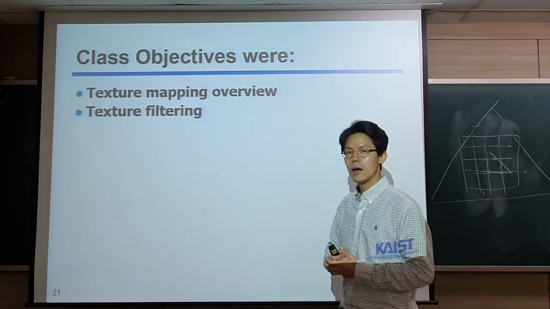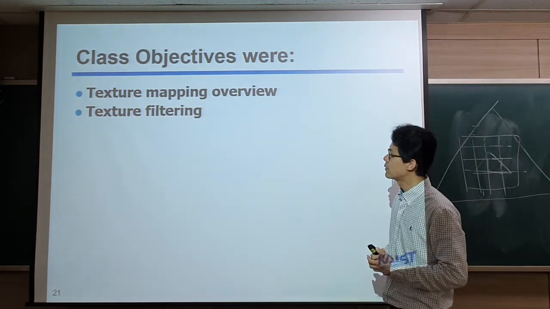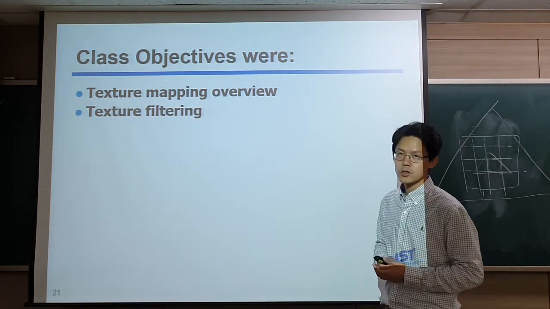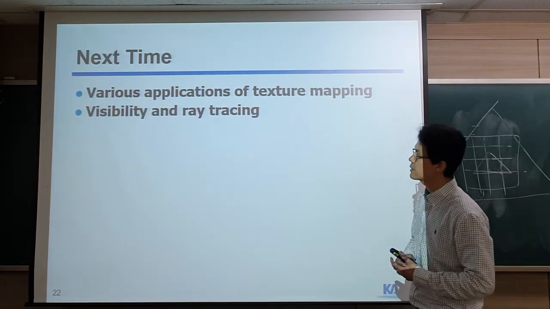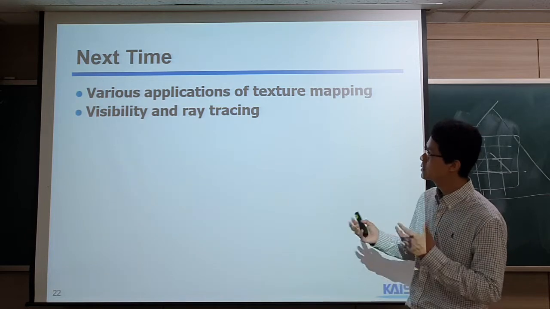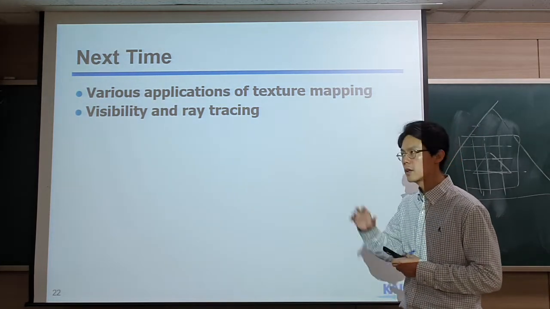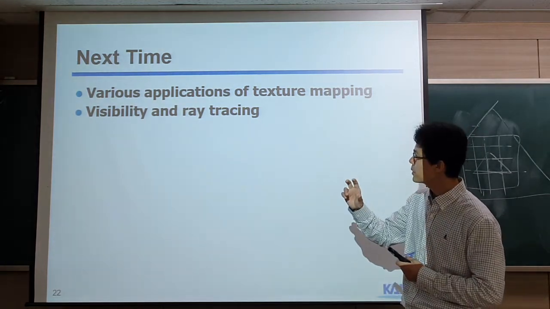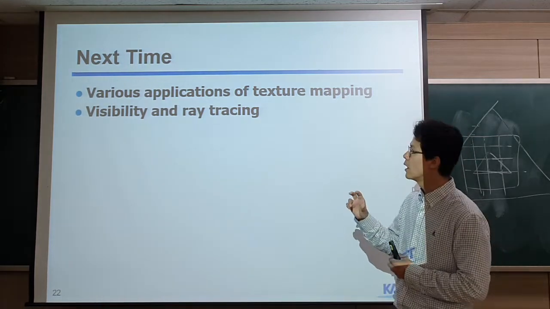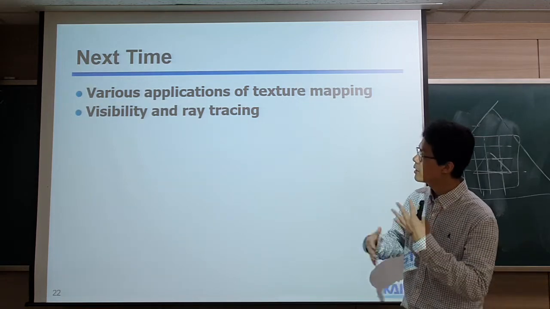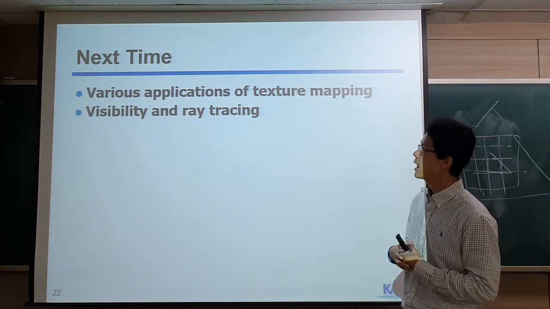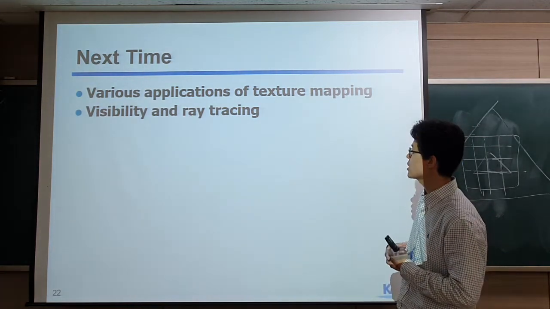Okay, so far I talked about the texture mapping overview, also some of the texture filtering issues related to oversampling and undersampling. And next time I will talk about some of the different applications of texture mapping. Basically, the concept of texture mapping is very simple. While there are some issues of using it, there are many diverse applications of texture mapping.